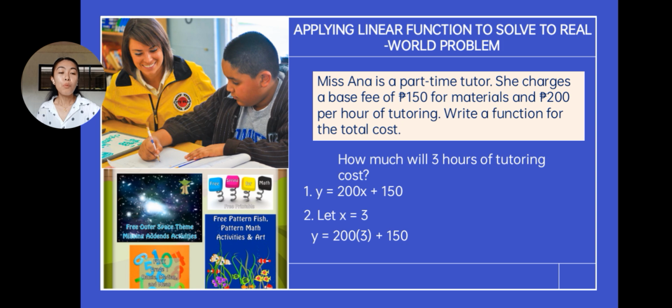So we have y now is equal to 200 times the quantity 3 plus 150. Moving on to our computation, we have 200 times 3, that is 600, and then we're going to add 150. Now adding 600 plus 150, we have 750. So it means you are going to pay an amount of 750 pesos for every 3 hours of tutoring.